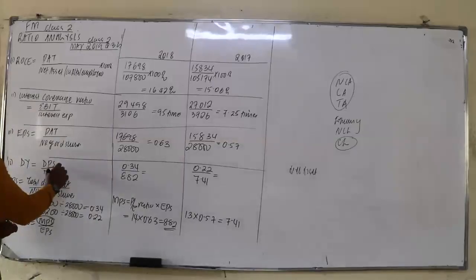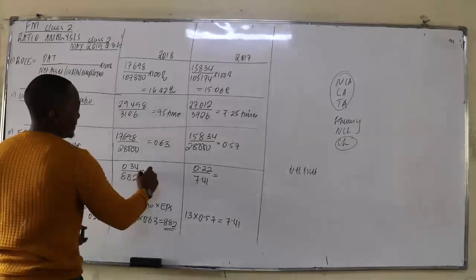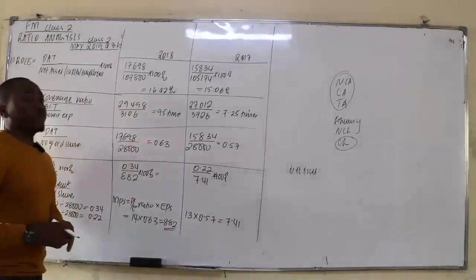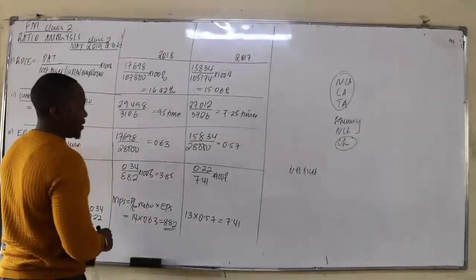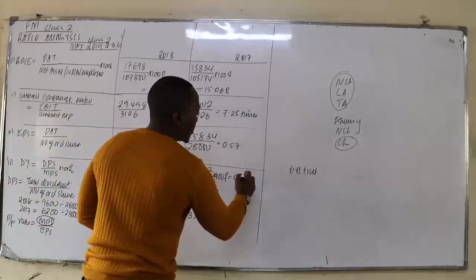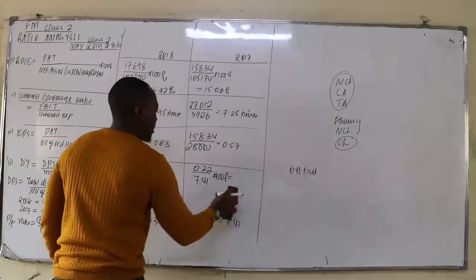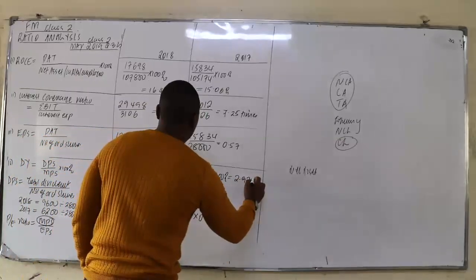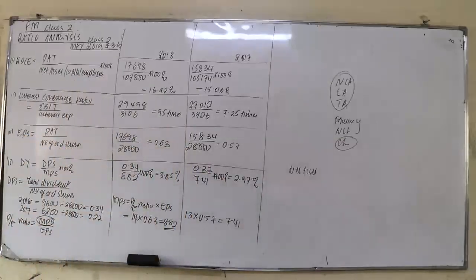Let's just express it in percentage: 3.85% and 2.97%. Now, who can interpret that for me?